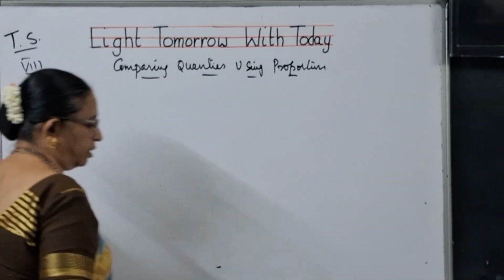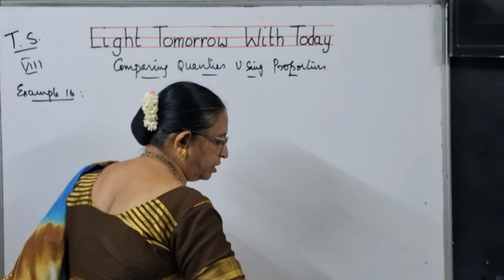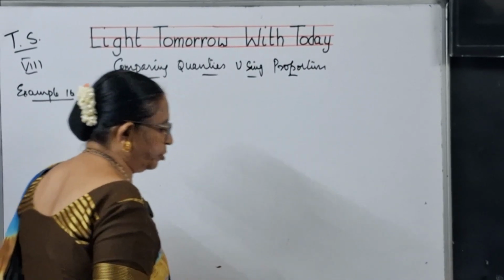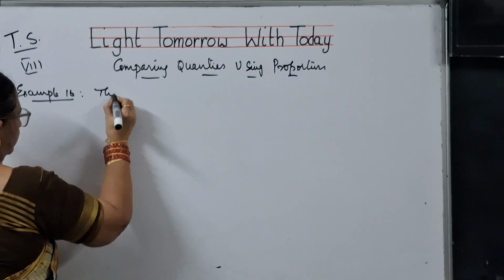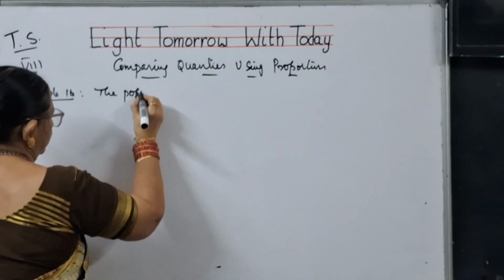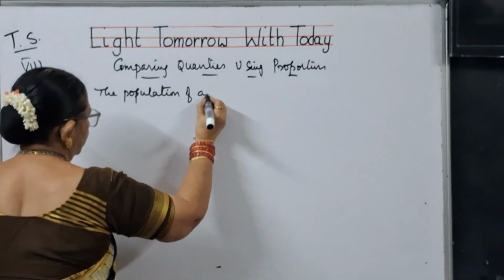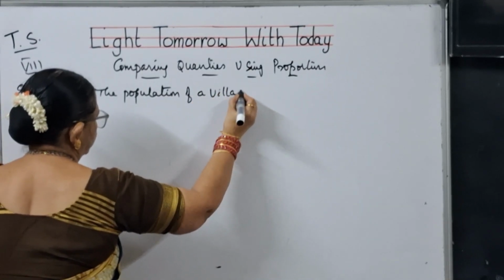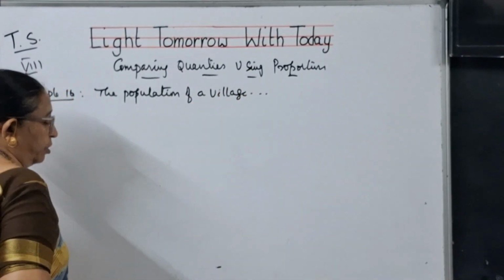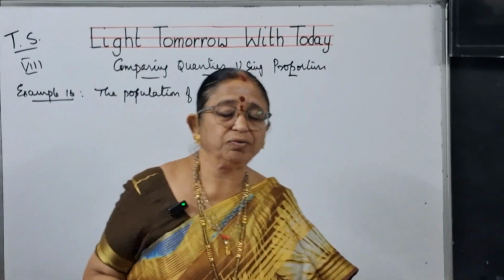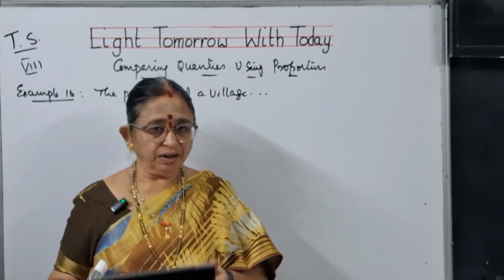It is coming under application of compound interest formula. The population of a village means, with your knowledge of compound interest, how can you utilize it in your calculations for some other activities they have given?